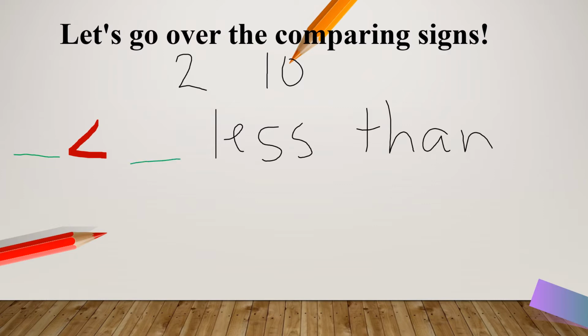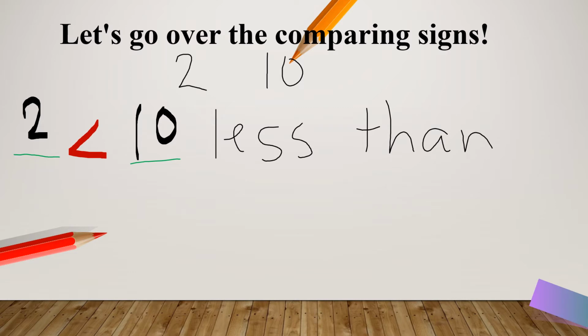So if we do our example for the two numbers that we have on top, 2 and 10, we are able to say that 2 is less than 10. And we know that this is true because 2 is smaller than 10.